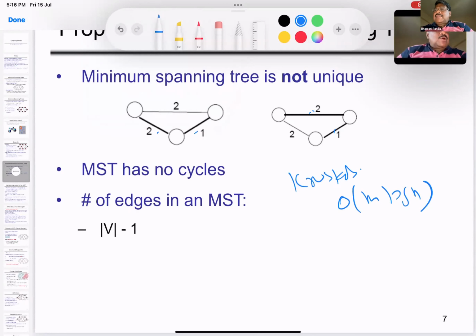So it will be order of M log M, which is equal to order of M log N, because M can be order of N square, so the 2 will come out. So it will be order of M log N. And Prim's algorithm will be order of N square.